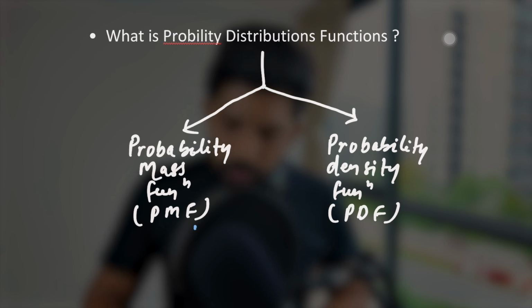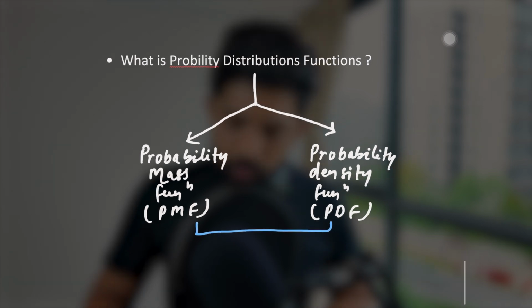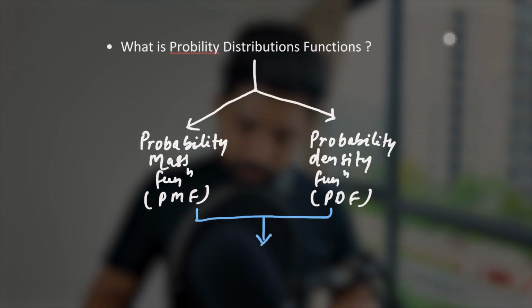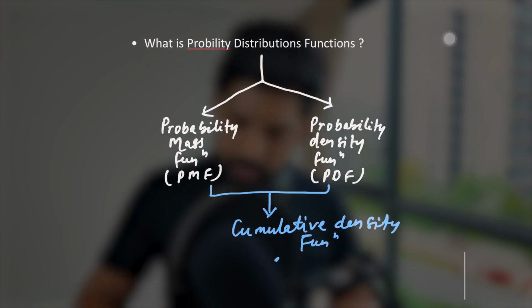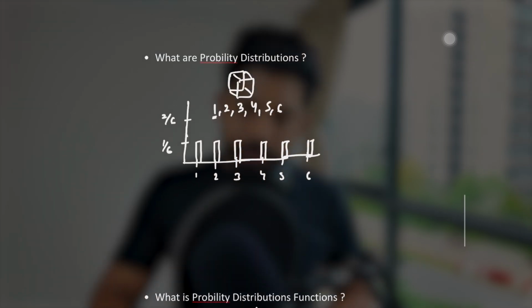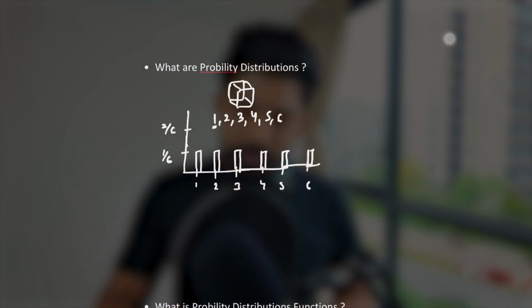Now, for both these functions, we can find the cumulative density function. What is the cumulative density function? This is also known as the CDF. Again, first we have the probability distribution of any experiment, right? Then we have two functions.